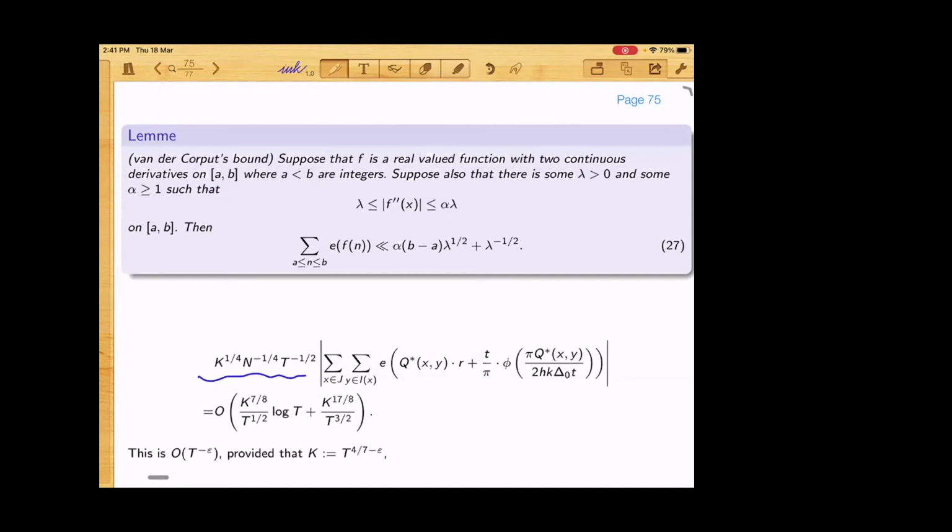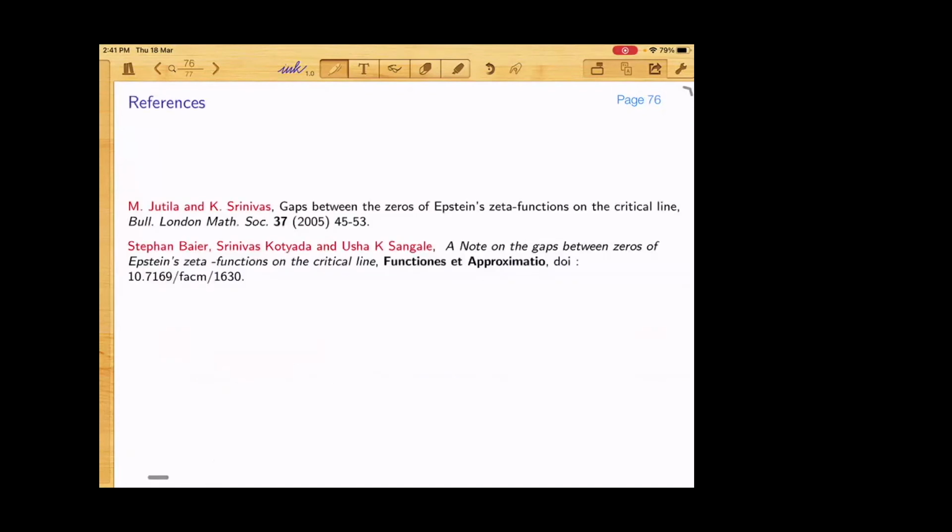All right. And now the other details are very technical, so I didn't want to discuss those things. This is there in our paper in Functiones et Approximatio.